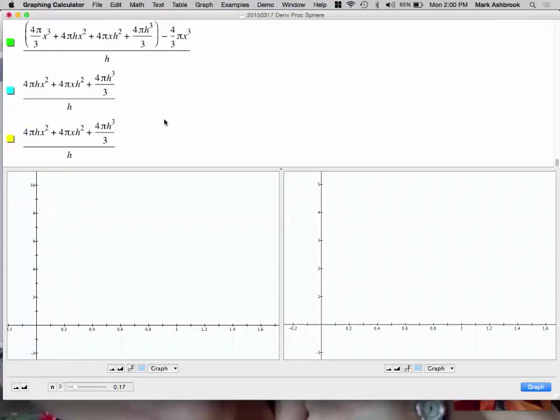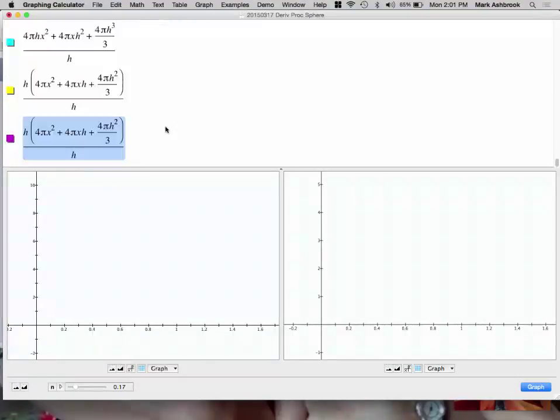What we notice now is there's an h in every term in the numerator, and we have an h in the denominator. So we need to what? Factor out h. Look, I can highlight h here, the hand pops up, and I'm just going to pull it left until it comes out. Just factored out h. And then I can select the whole thing.